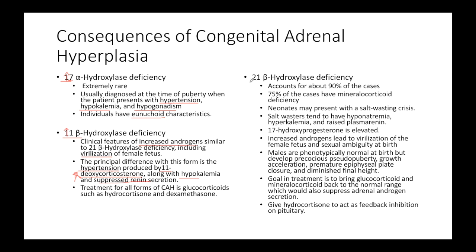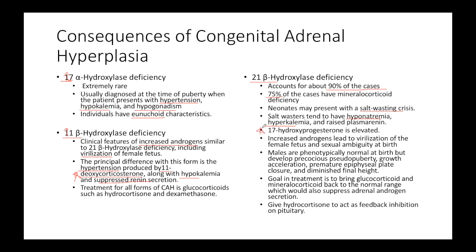But our last one, 21 beta hydroxylase deficiency. This is our most common, accounting for about 90% of cases, 75% of which have mineralocorticoid deficiency. Neonates can present with that salt wasting crisis that I mentioned. Here you will have hyponatremia with hyperkalemia and raised plasma renin because of that.